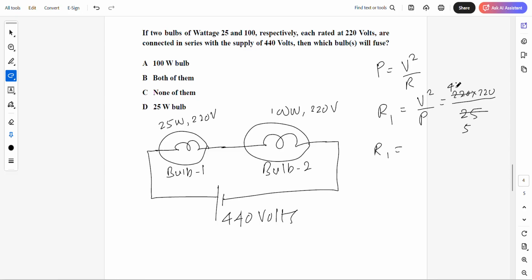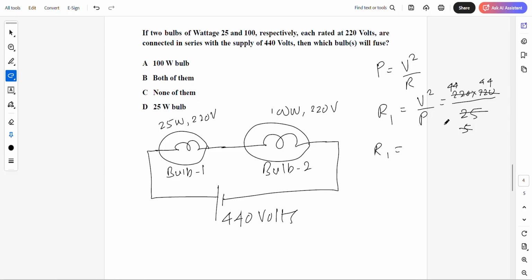Again I can divide by 5. Now this will be equal to 44 into 44.